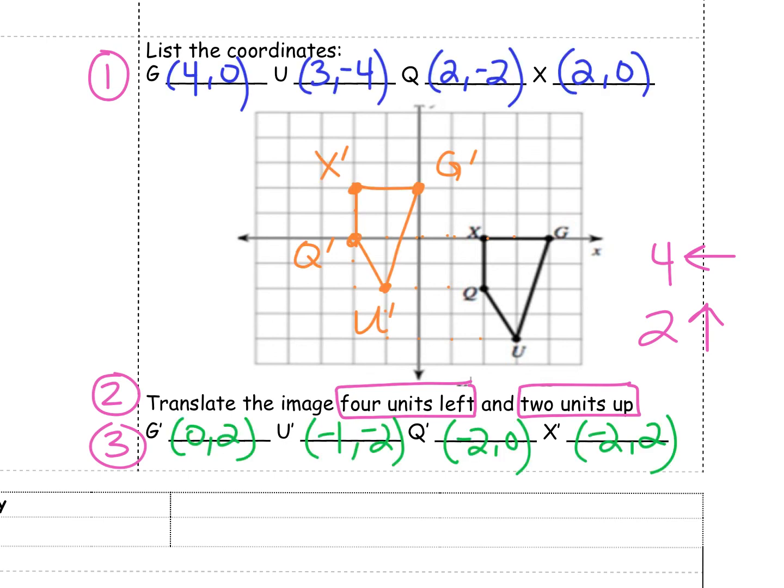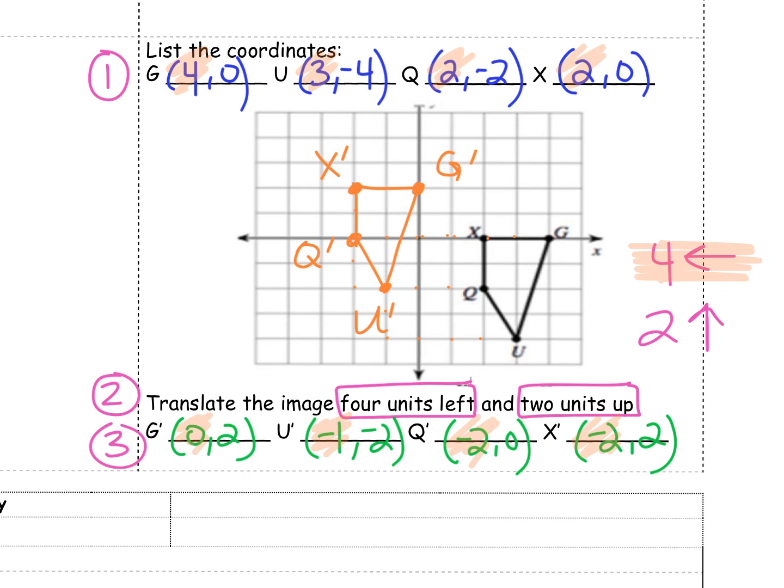So when we look at our translated shape, it went 4 left, 2 up. And so I have all my new coordinates, and think about how this works mathematically. On my x values, 4 left, that's subtracting. 4 minus 4 got me to 0. 3 minus 4 changed to negative 1. 2 minus 4 changed to negative 2. 2 minus 4 changed to negative 2.